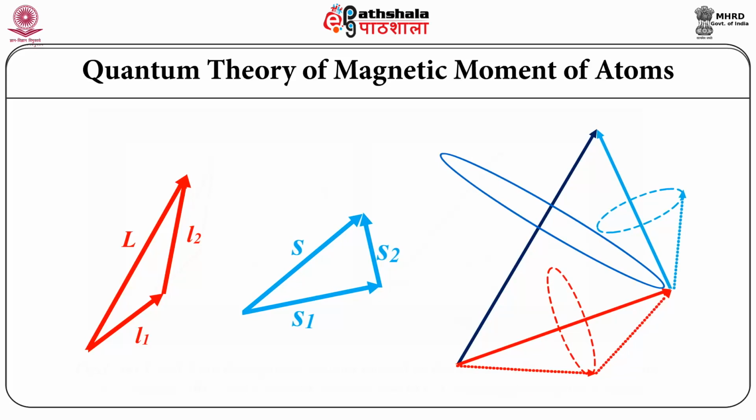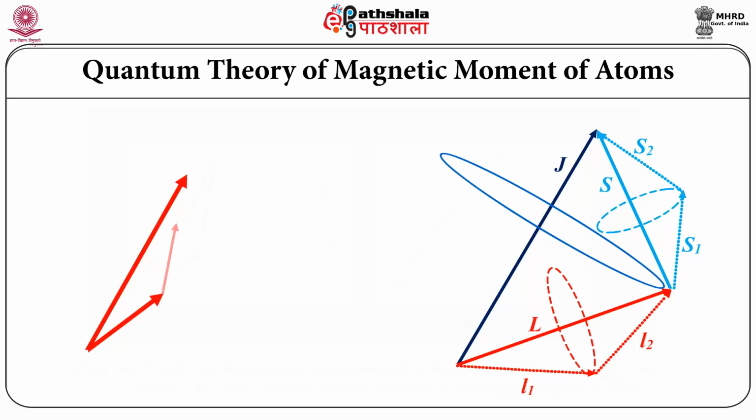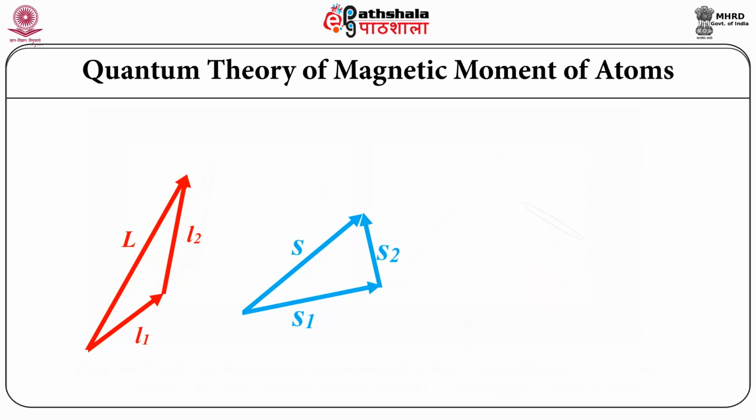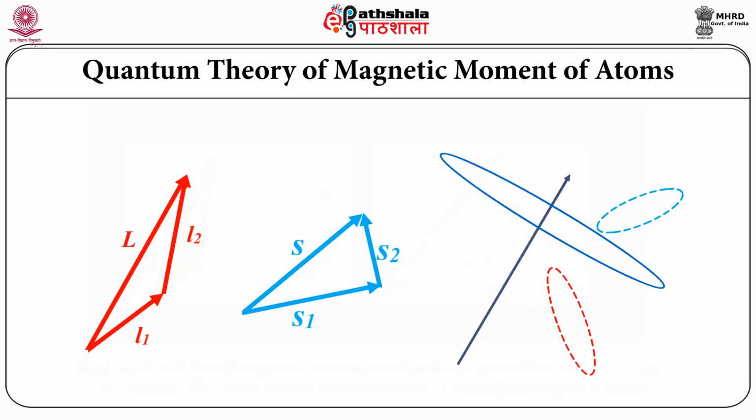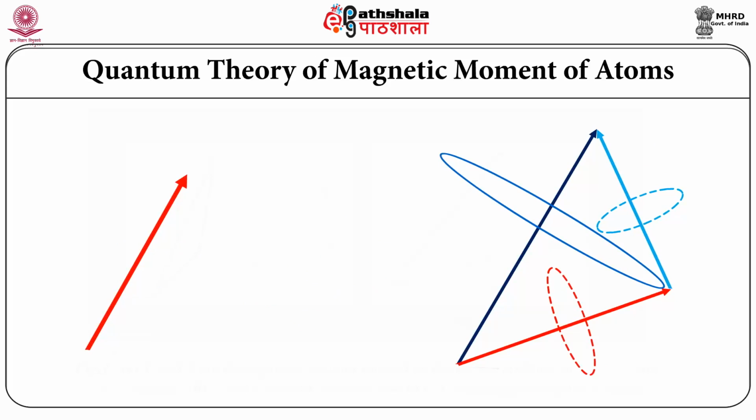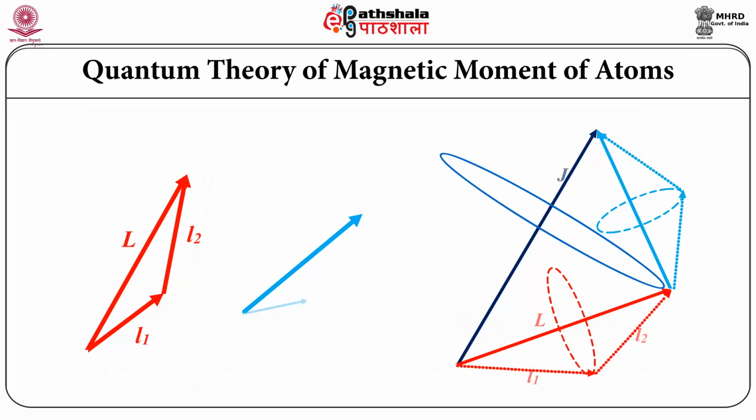The LS coupling is called the Russell-Saunders coupling, and the JJ coupling is the coupling between the J's. So LS coupling is also known as the Russell-Saunders coupling. And whatever we are talking about right now, we will also show in a figure, which will be very clear.